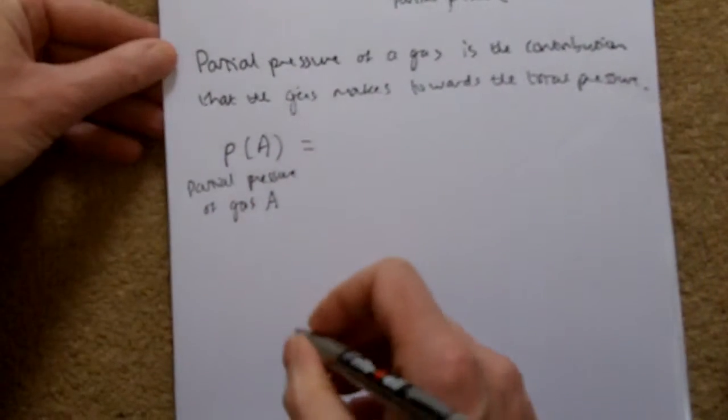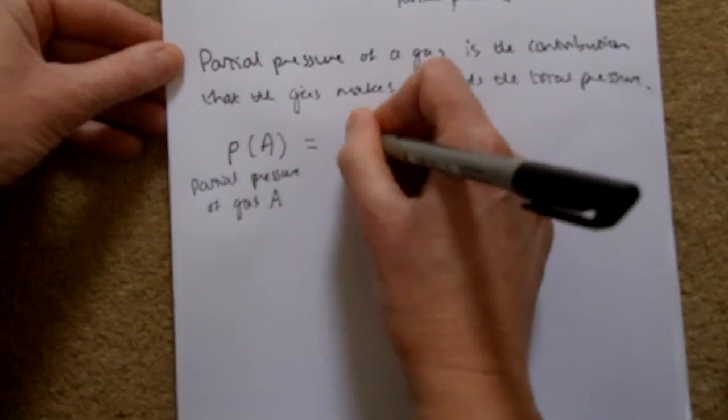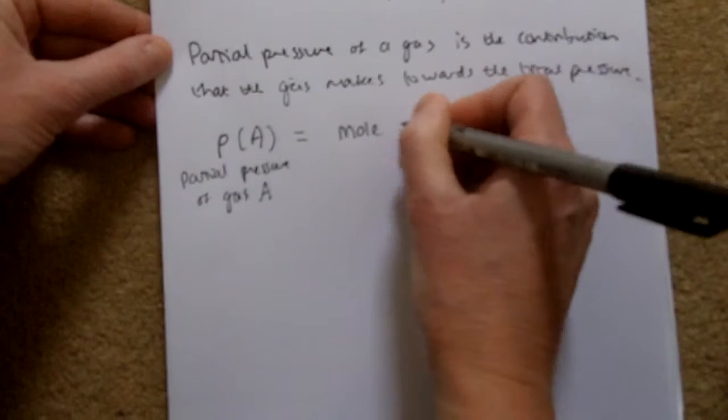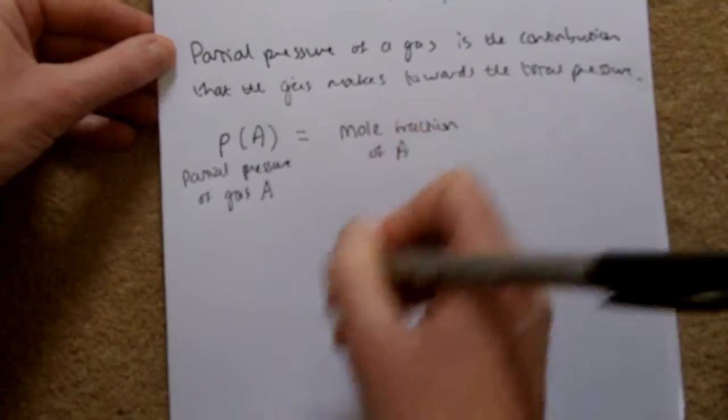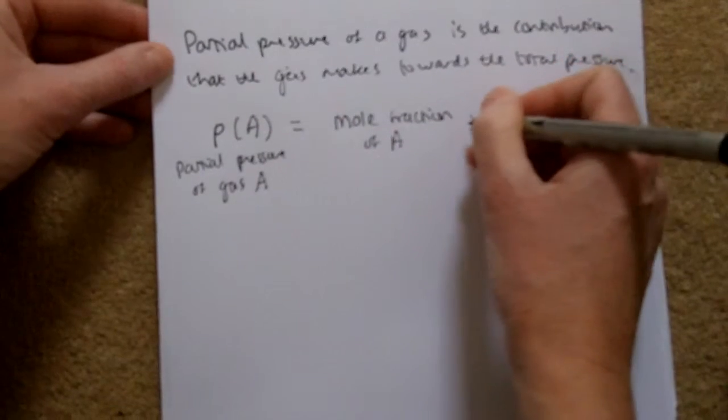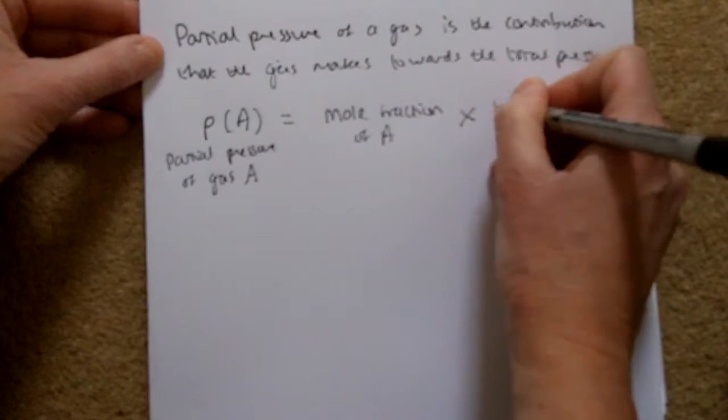The way you work it out is you take the mole fraction of gas A, and you times it by the total pressure.